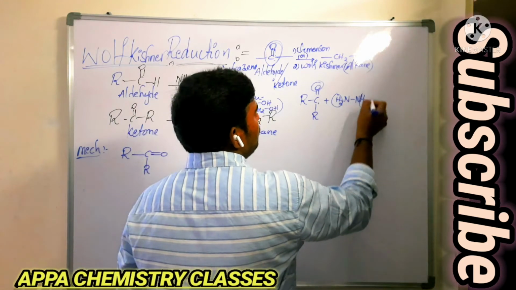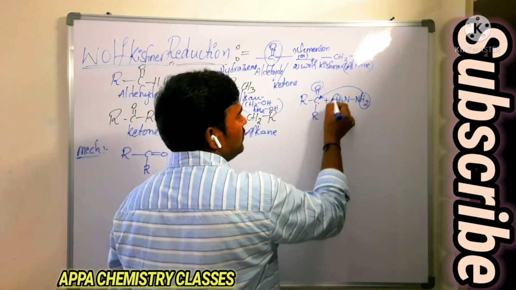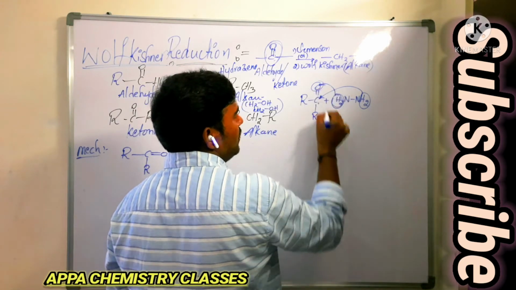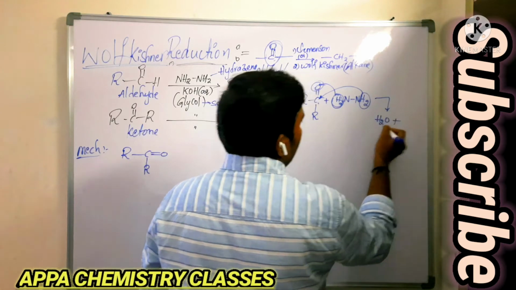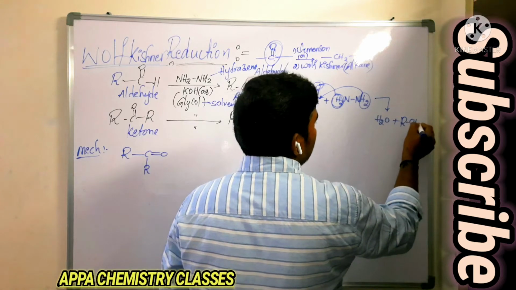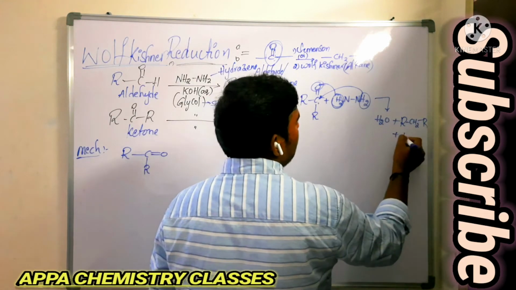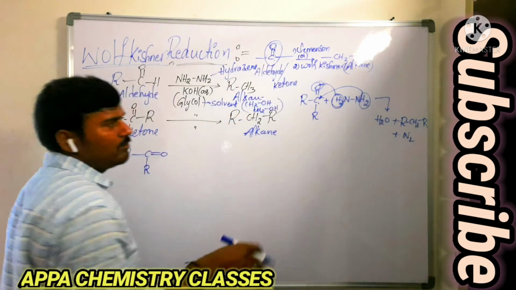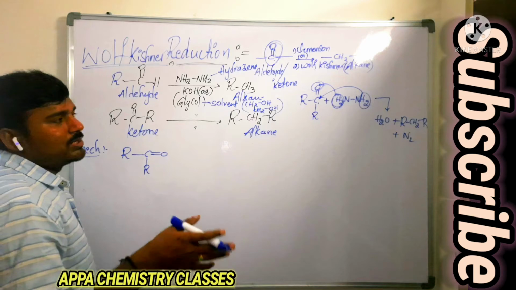Then these two hydrogens are combined to this carbon, and we are getting CH2R, and what is left over is nitrogen, that is N2 gas. Simple to remember, that is a simple trick. By seeing the reactant we can decide like that.